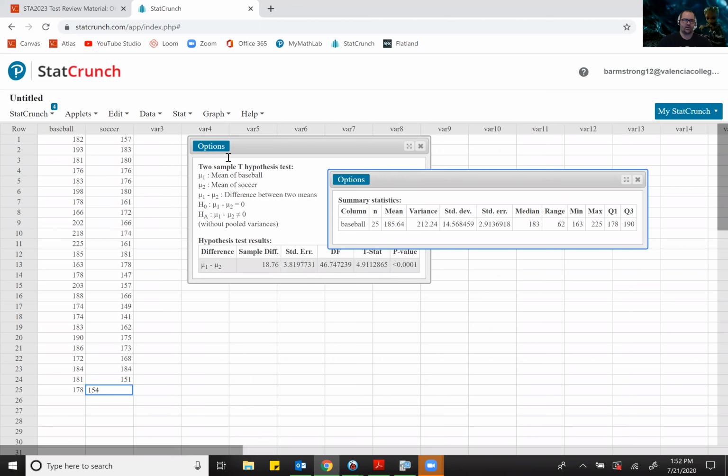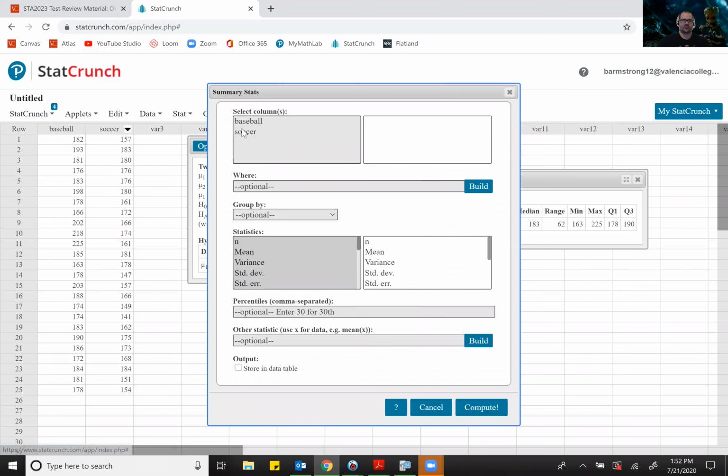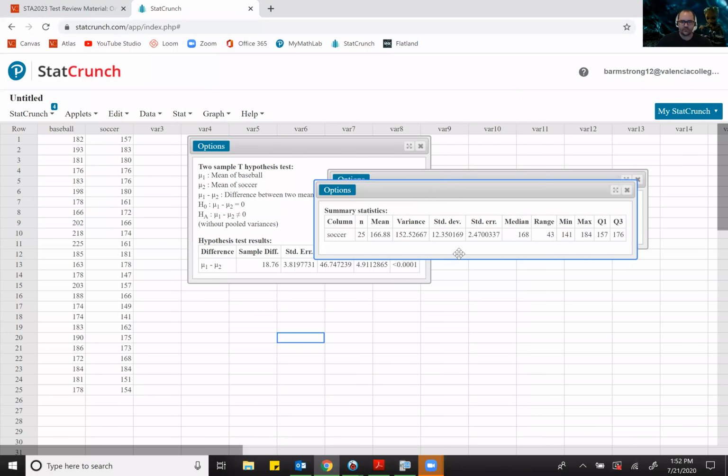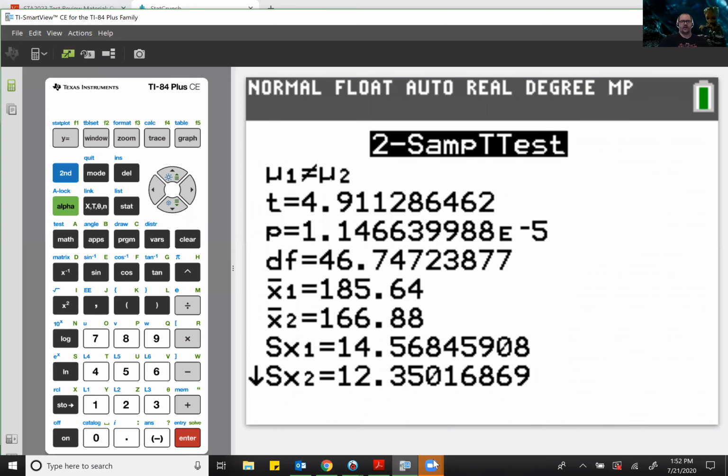This is just making sure that all my data is correct. So numbers are checking out, which is a good sign. Let's check soccer real quick. Compute. So the mean is 66.88. 66, yeah, good. So everything checks out. So that means I'm fairly confident that I put all the right numbers in both of these. So now we can answer the questions.